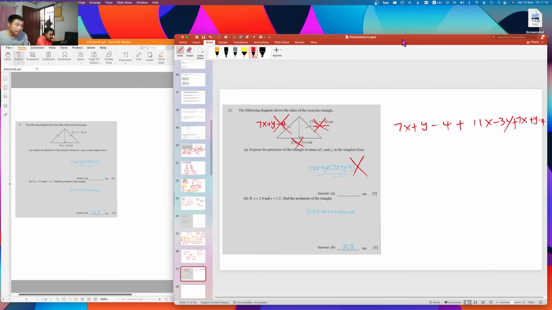Okay, so what you need to do, you just have to underline similar terms, and then you just add up. Do you add up with calculator? Yes, you should. So 7x, 11x, 7x, you end up with 25x.